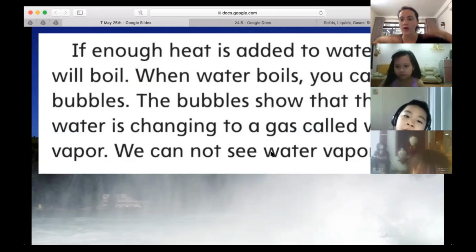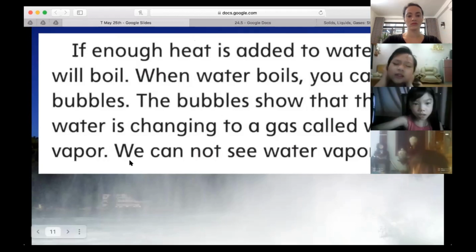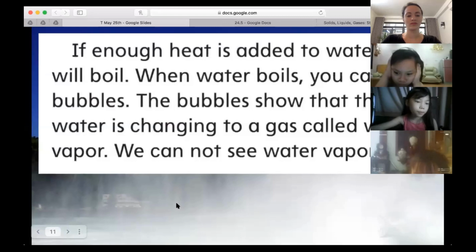Bubble, bubble, boil, boil. Who can read the rest, starting from the bubbles? Let's hear from Cherry. The bubble shows that the water is changing to a gas called water vapor.